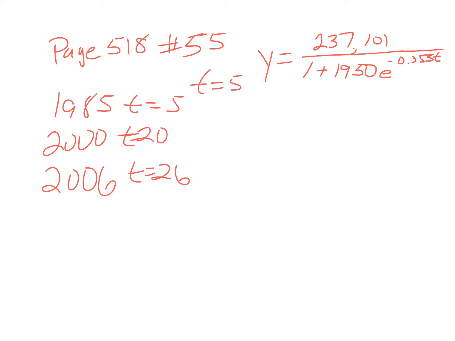You may use your graphing calculator. I don't expect you to do this by your head. And your answers would be, for 1985, you get 115.25, but you can't have 0.25 cells, so we say 115. And for 2000, you had 90,880.